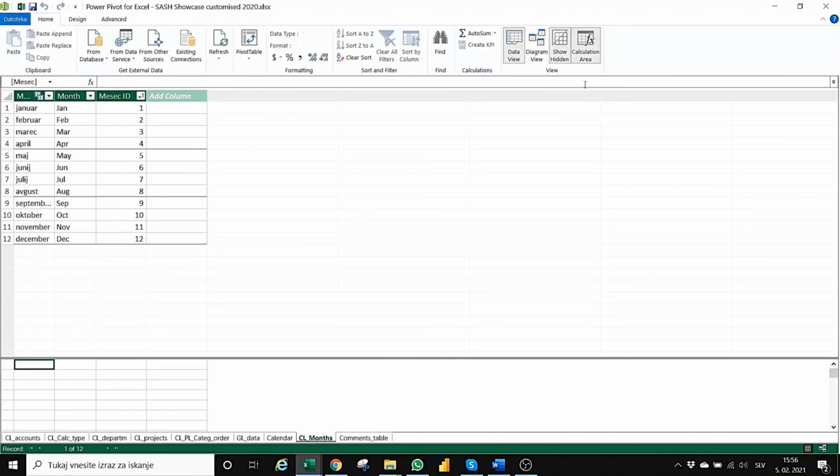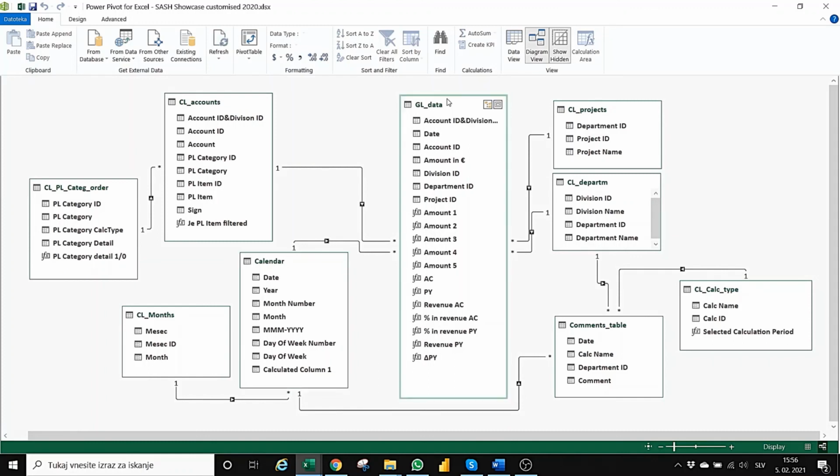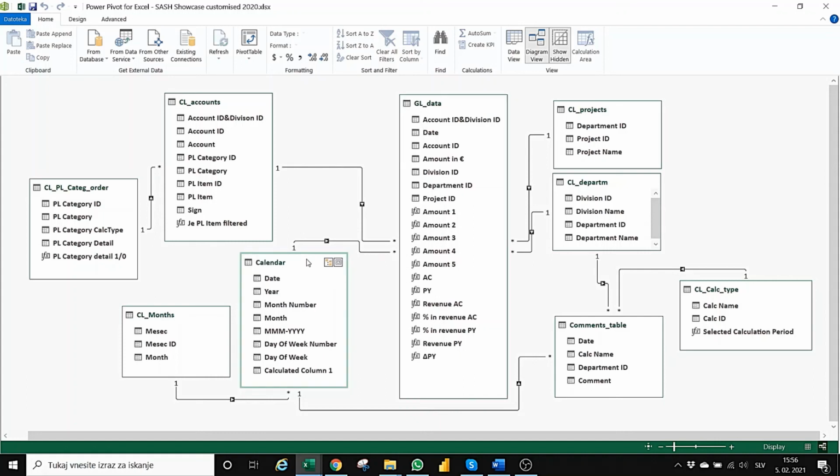Let's switch to diagram view. This is my fact table with general ledger data and calculated measures. This is my calendar, and all other tables are dim tables, actually code lists. Reports built this way are robust, stable, and easy to update.